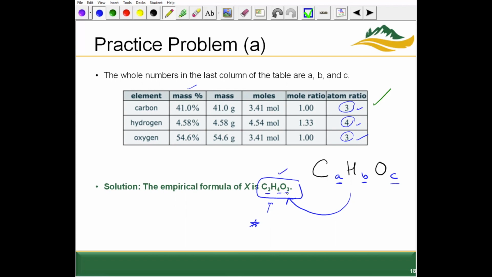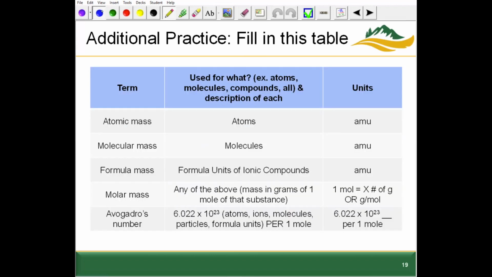This is the simplest whole number ratio, confirming that we have the final empirical formula for compound X. In the main slide deck, I included this table for you. It's good practice to take the terms atomic mass, molecular mass, formula mass, and molar mass, and recognize that atomic mass is for atoms, molecular mass for molecules, formula mass for ionic compounds, and molar mass can be used for any of the above.